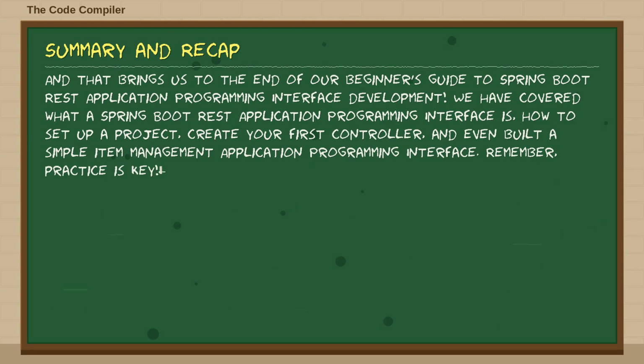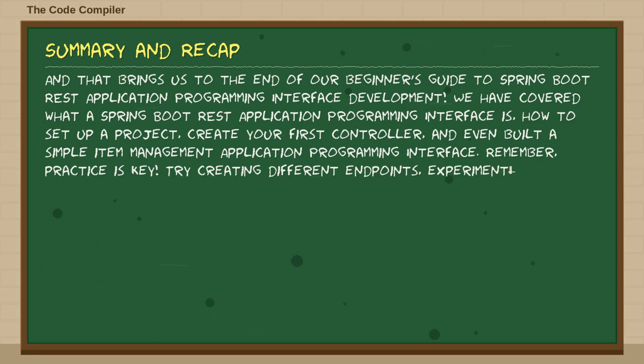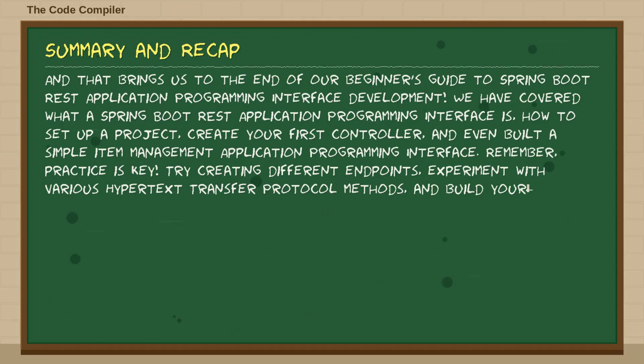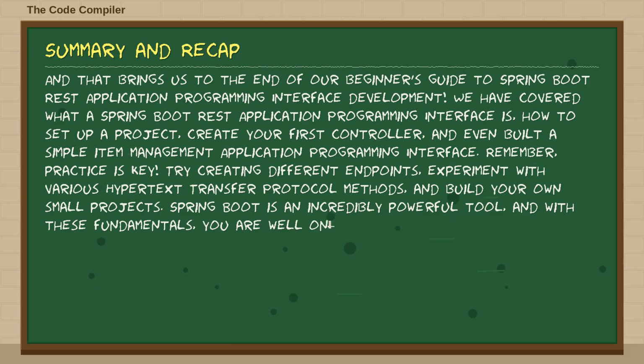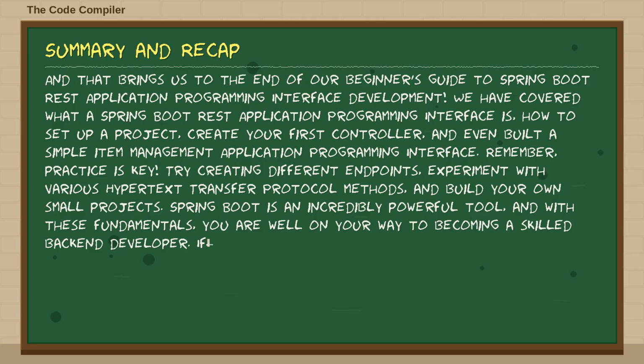Remember, practice is key. Try creating different endpoints, experiment with various hypertext transfer protocol methods, and build your own small projects. Spring Boot is an incredibly powerful tool, and with these fundamentals, you are well on your way to becoming a skilled backend developer.